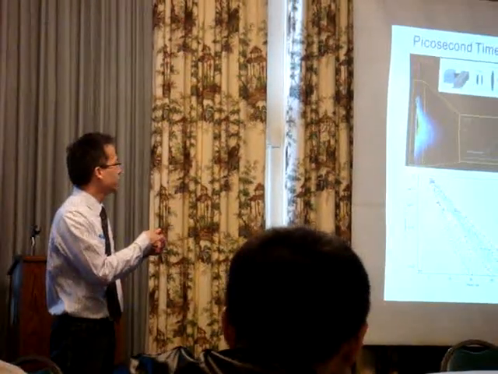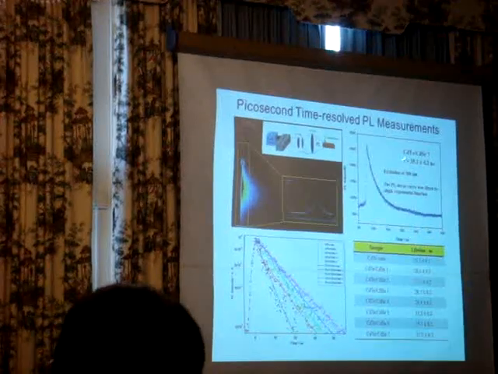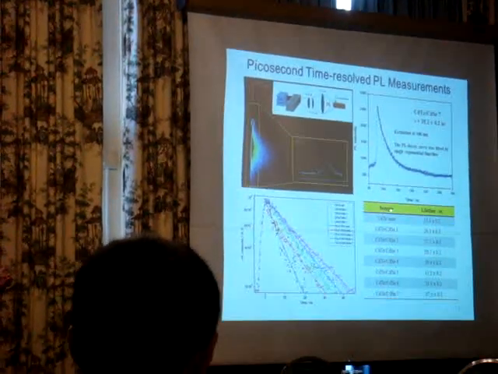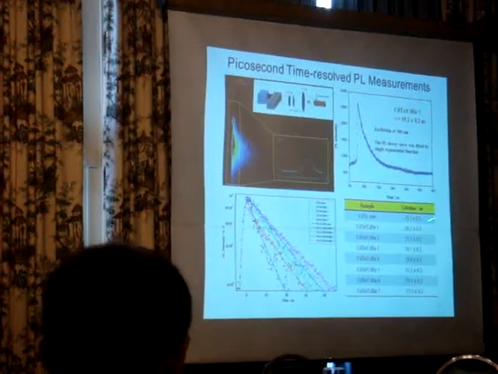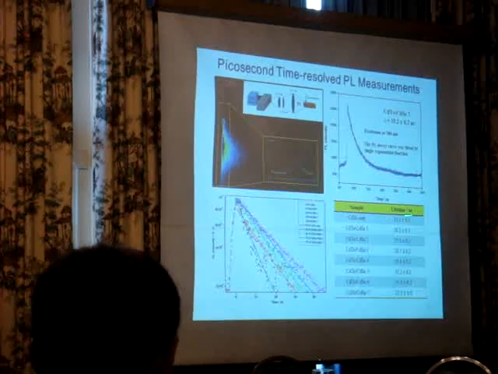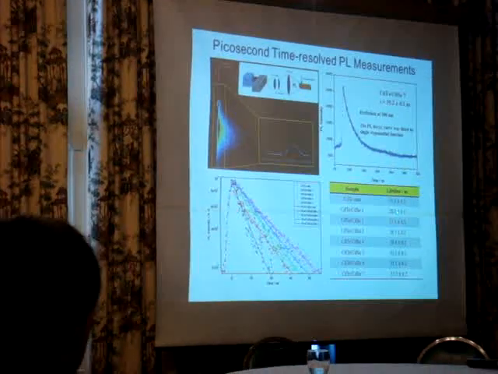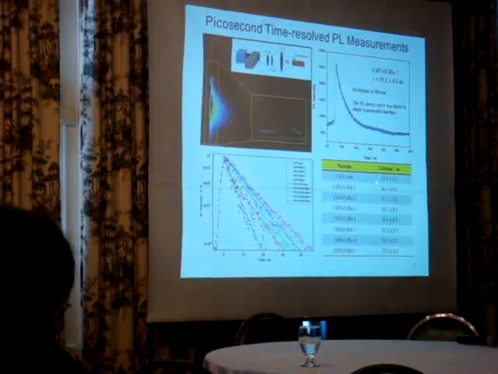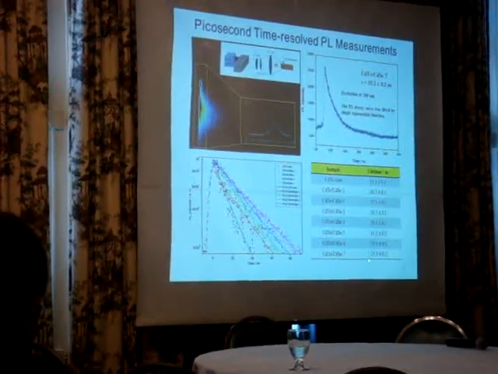As we can see here, the biggest particle has a PL lifetime of about 35 nanoseconds. In this series of core shell particles, the core only has a lifetime of 15 nanoseconds. As we gradually deposit the shell on it, we can see the lifetime keeps gradually increasing.